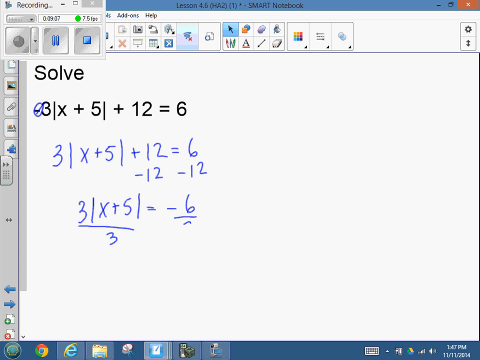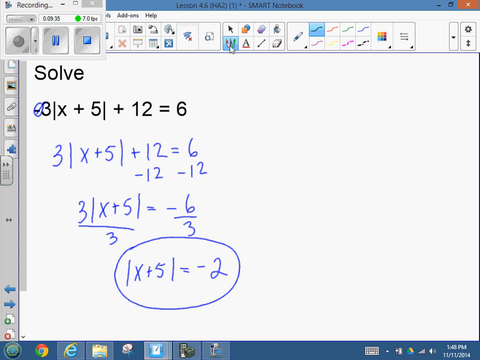But this time, when you divide by 3, we're going to have x plus 5 equals negative 2. And this should set off some type of alarm for you. There is no way that this statement can possibly ever be true, because when you take the absolute value of a number, you cannot get a negative number as a result.